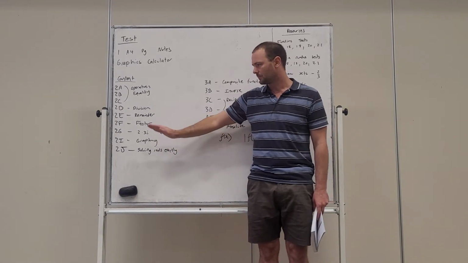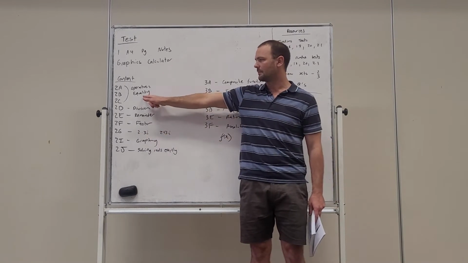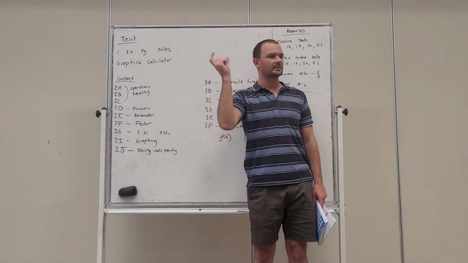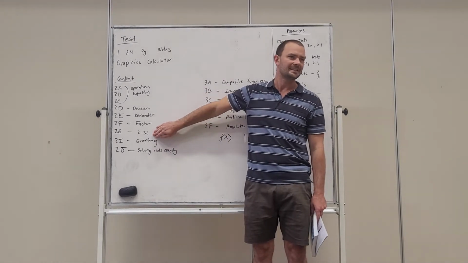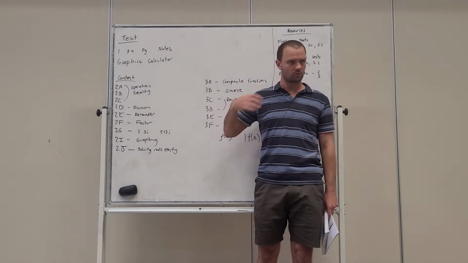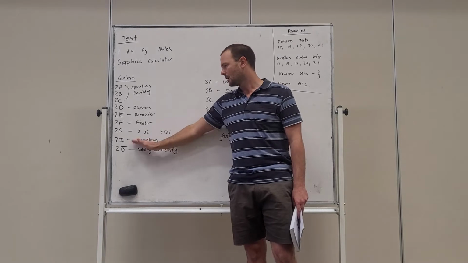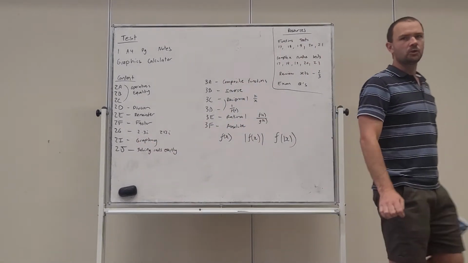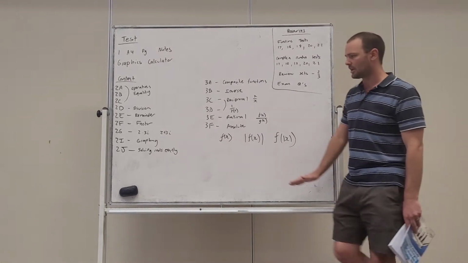Remainder and factor theorem. In 2G, it's not a whole lot different from what you've done up here, but it ties in the complex number stuff. If we have one of the roots as 2 take 3i, that means the other root is going to be 2 plus 3i, and you can find the real quadratic factor from that imaginary solution. 2I is just graphing of cubics and quartics, something we did a fair bit in year 11 as well, so not a challenging skill.